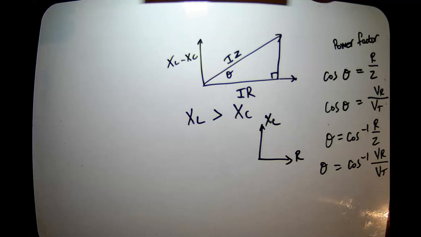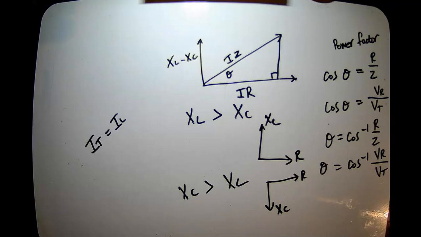So XL is more than XC. So that is our phasor diagram. When XC is more than XL, this will be our phasor diagram. So notice XL is always on top, XC always at the bottom, for a series circuit, that is.